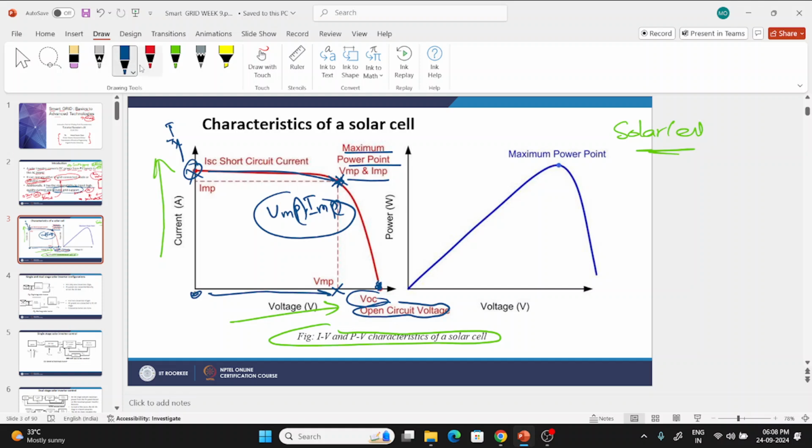Now, on the right side, these are the PV characteristics: power versus voltage. So power versus voltage characteristics are here. Just a second.